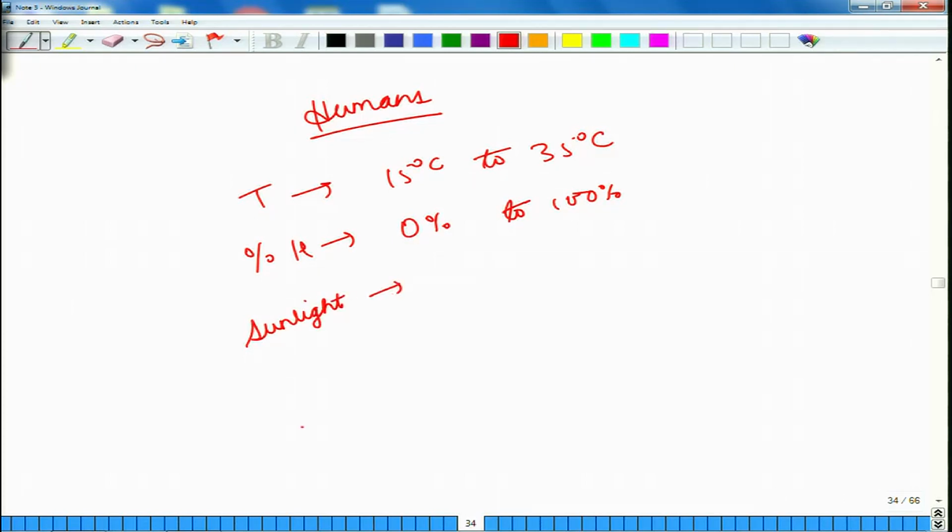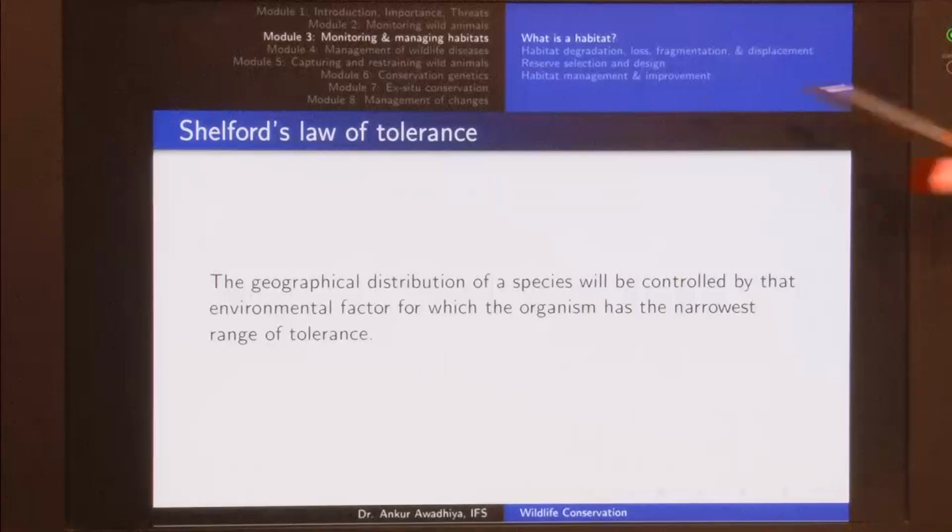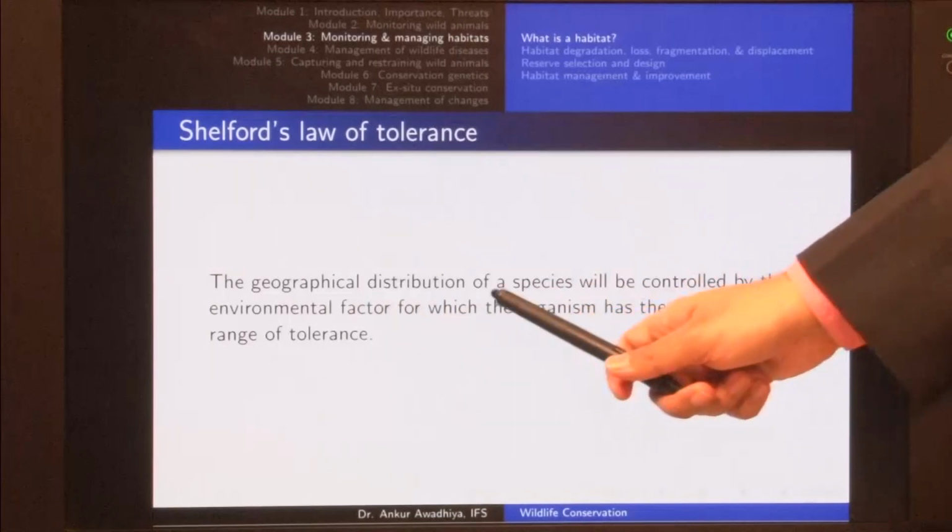So, we can tolerate days which have as little as say 1 hour of sunlight to as much as say 14 hours of sunlight.